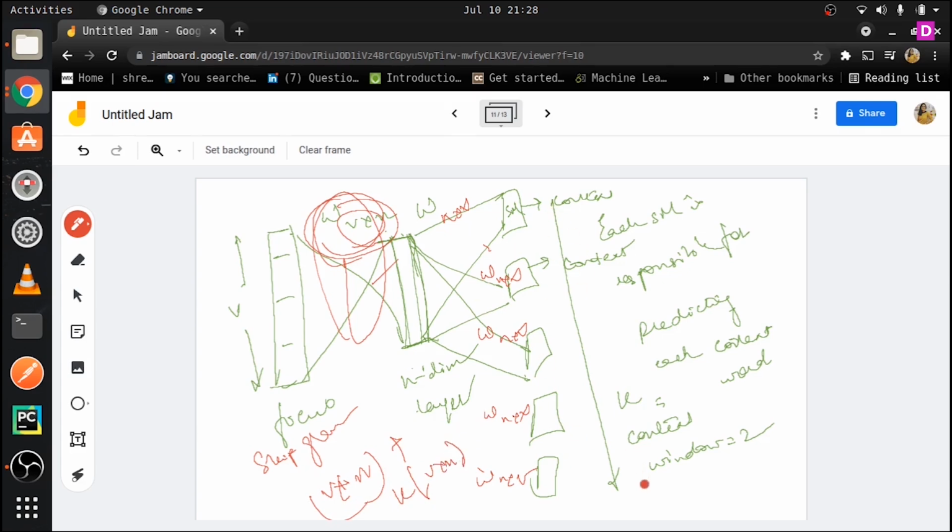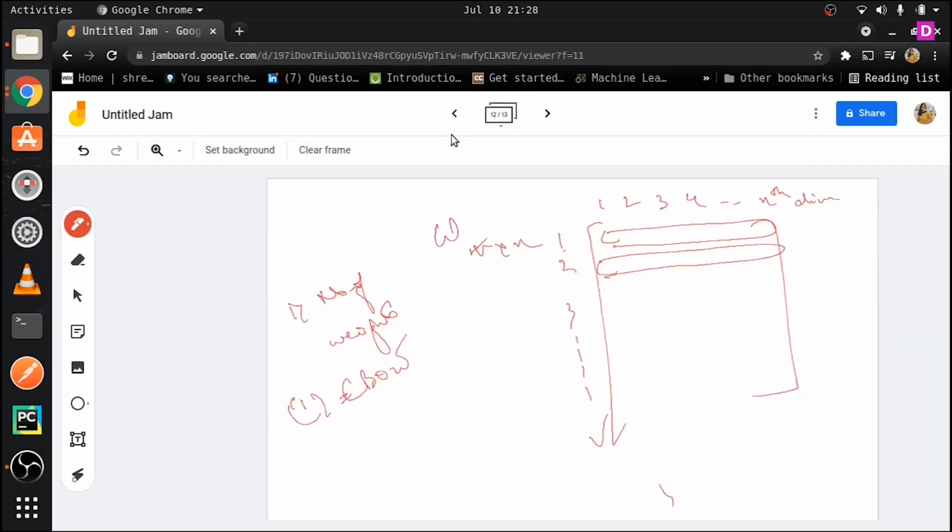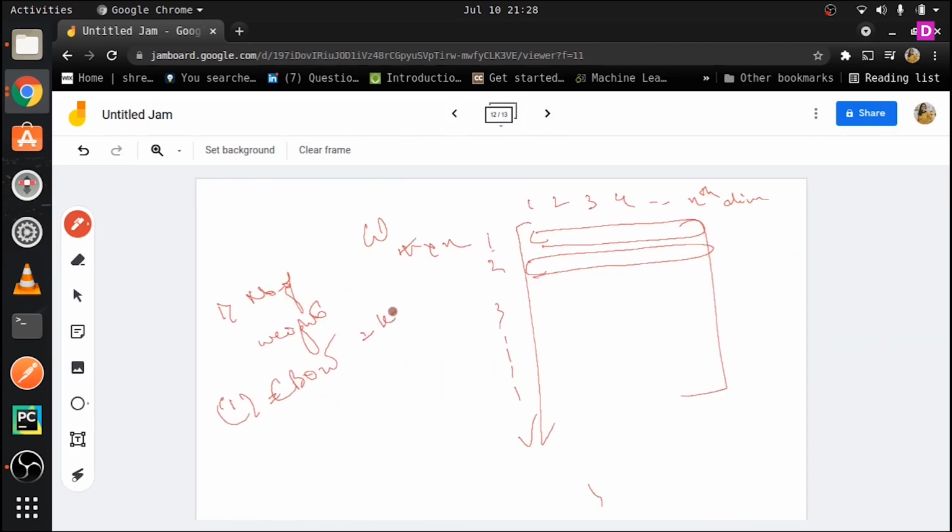So in this case, you are going to get k plus 1 times V cross n. Right? Now that you have this, you have to understand: the number of weights for CBOW is k plus 1 times V cross n. For skipgram, it is the same thing, k plus 1 times V cross n.